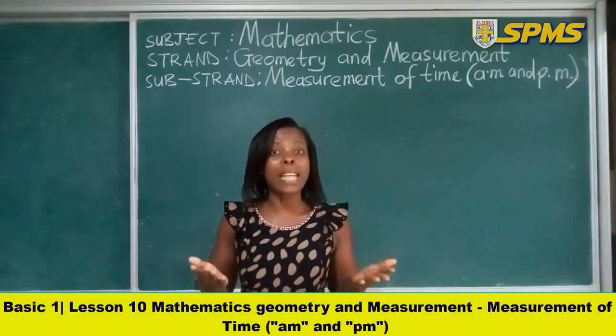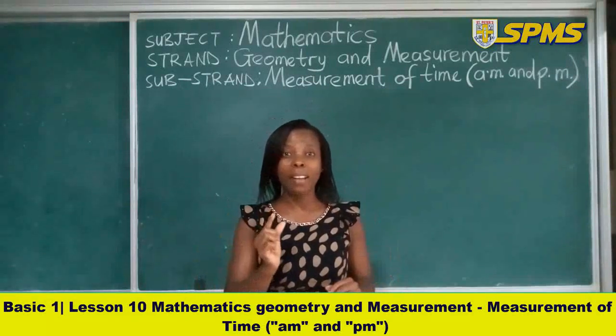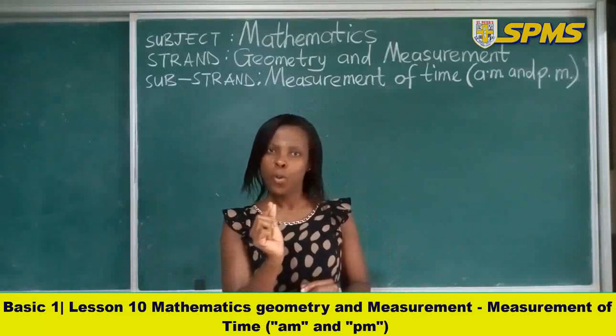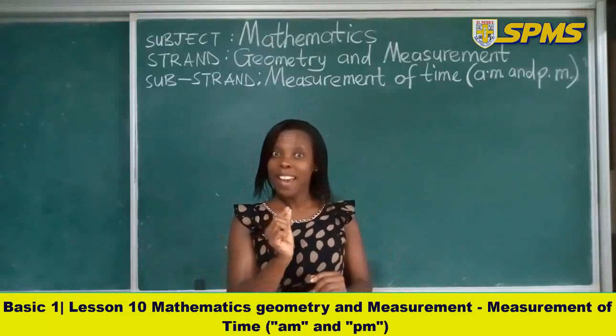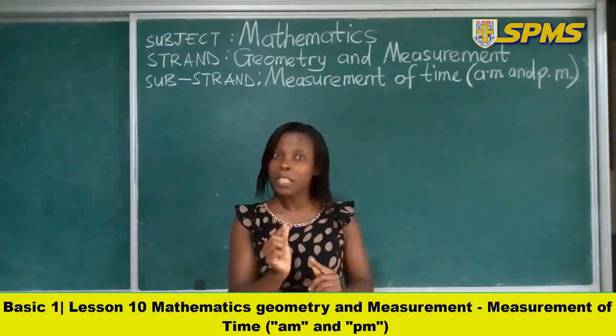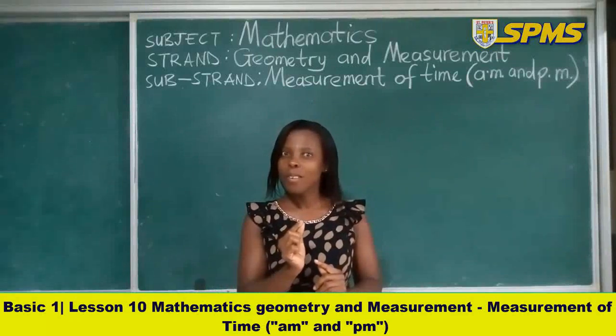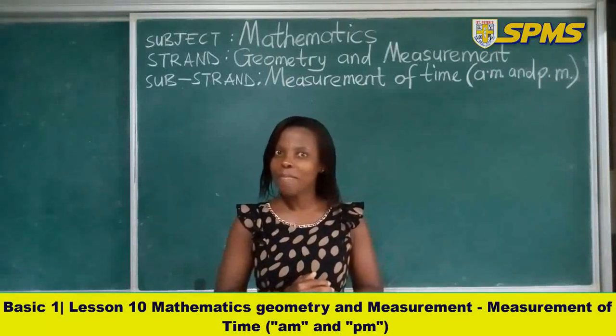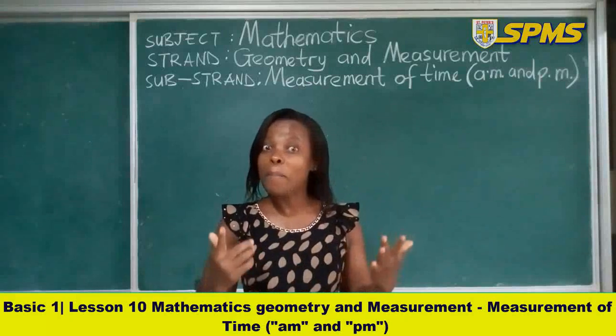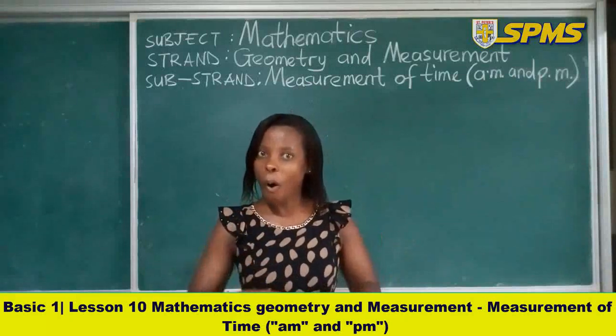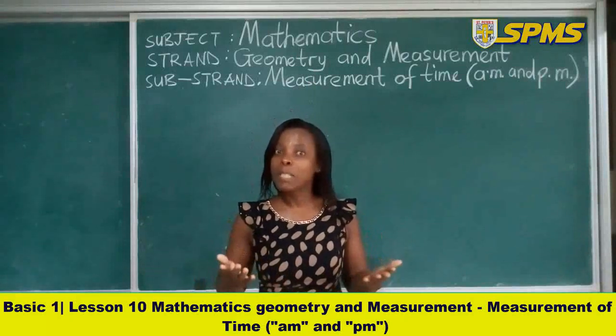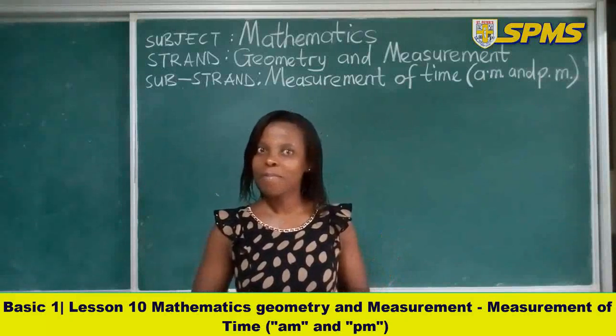What if the minute hand moves to 3 and the hour hand shifts a little bit from the 4? What will be the time? 4:15 or 15 minutes past 4.